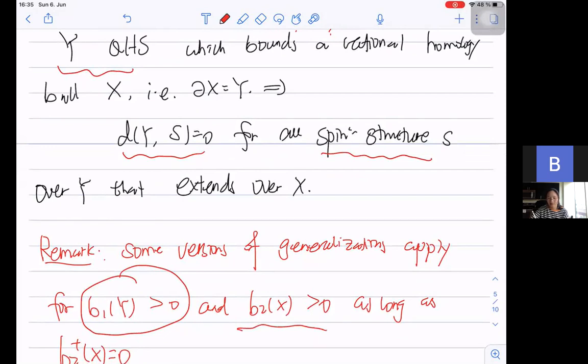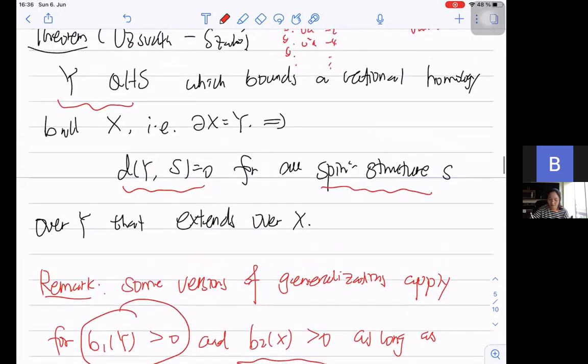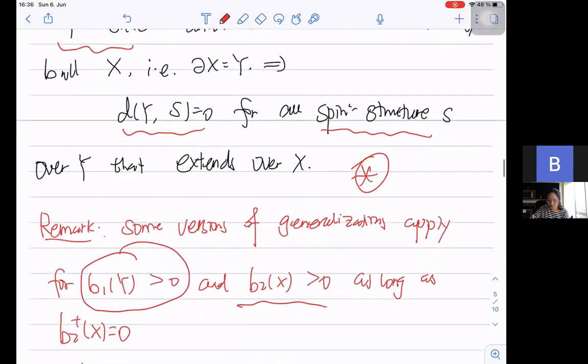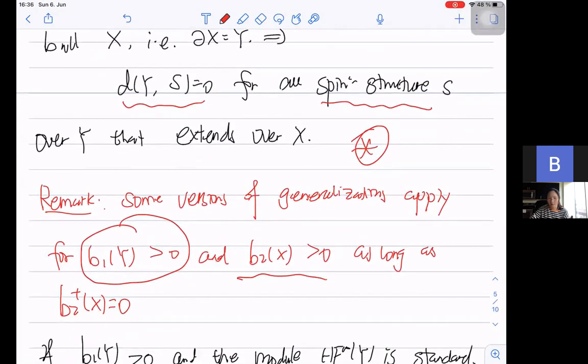So there are some generalizations of this result, but most of the generalizations restrict to the case where the four-manifold X has non-positive definite intersection form. And this is very important when we use the obstruction from Heegaard Floer homology, even in gauge theory or other kinds of Floer theories.